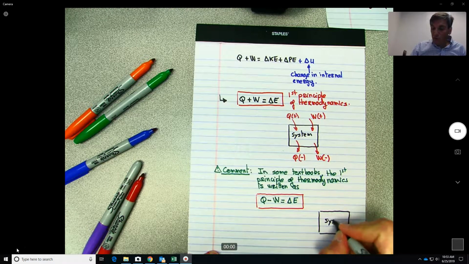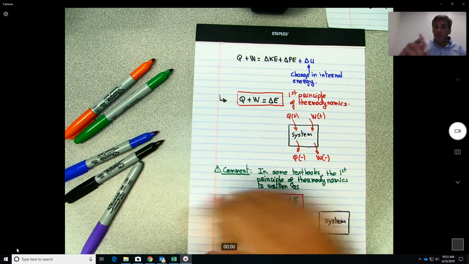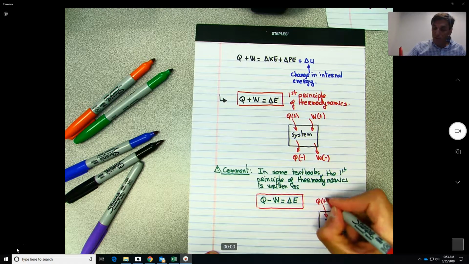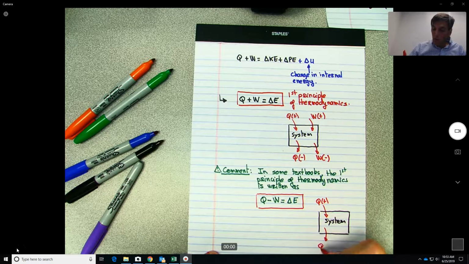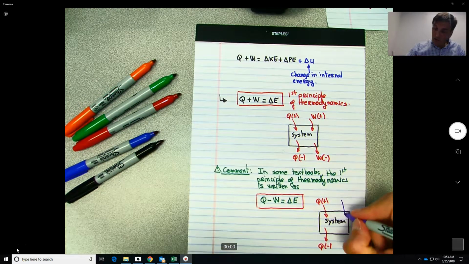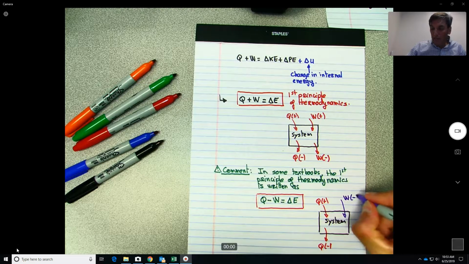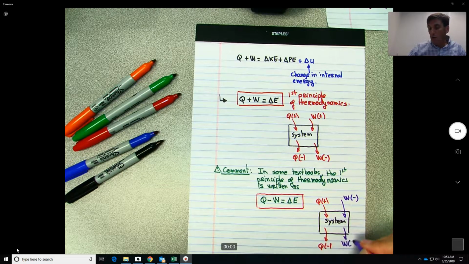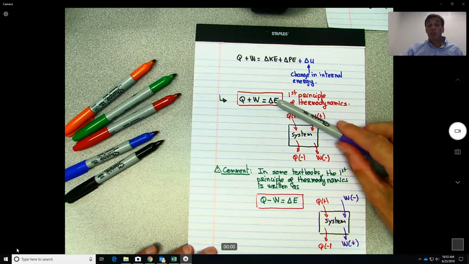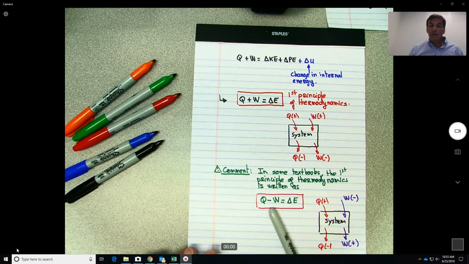So for this new system, it's the same system, but you will see the Q is unchanged. Q going in will be positive, Q coming out will be negative. But now the change is that the work coming in will be negative, and the work coming out will be positive. So really, the one that is mathematically correct is the first, but this one is sometimes easier to understand, because what we're trying to do here is to study the amount of work or energy produced by different engines.